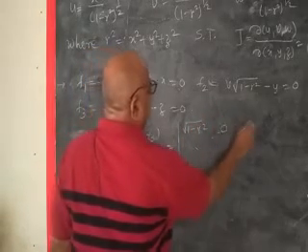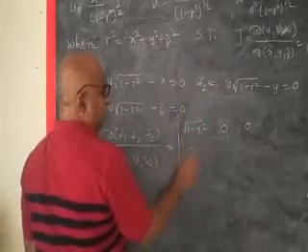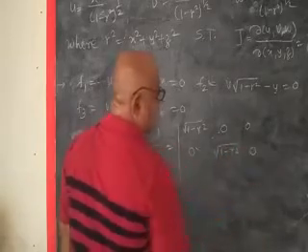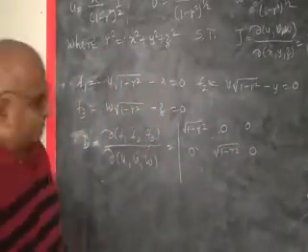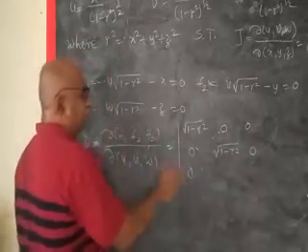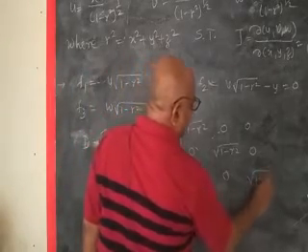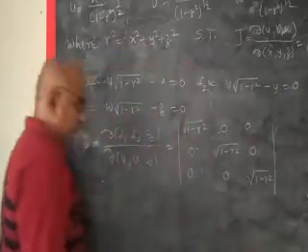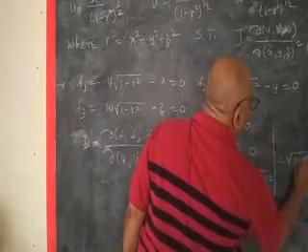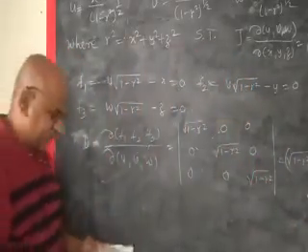With respect to v and w, derivative of f1 with respect to u is 0, but with respect to v is root of 1 minus r square, and with respect to w is 0. Similarly, for f3, with respect to u is 0, with respect to v is 0, and with respect to w is root of 1 minus r square, and therefore this Jacobian is equal to root of 1 minus r square raised to 3.